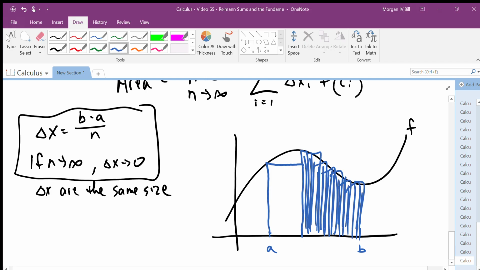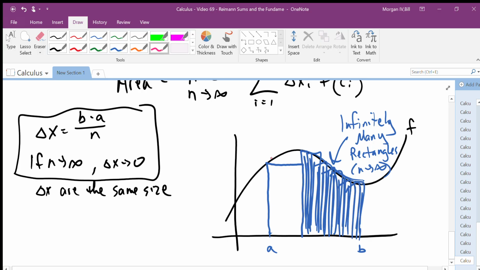But if my one rectangle stays big, even though I may have infinitely many rectangles here, in other words, n is going to infinity, the area from past that first rectangle becomes exact.